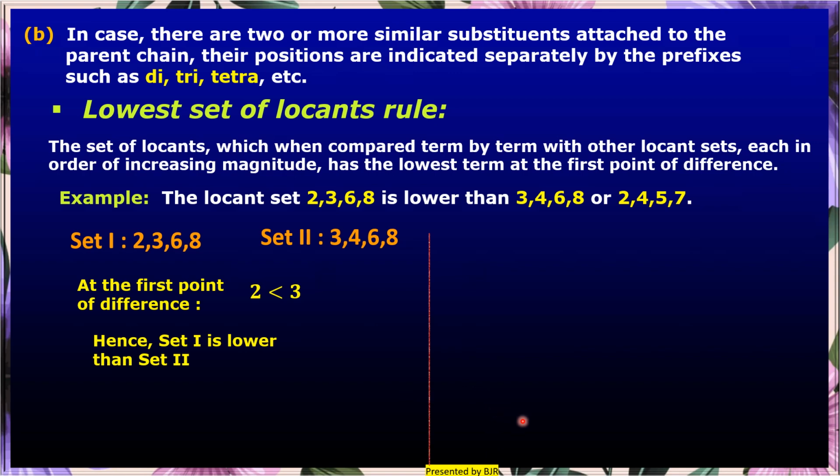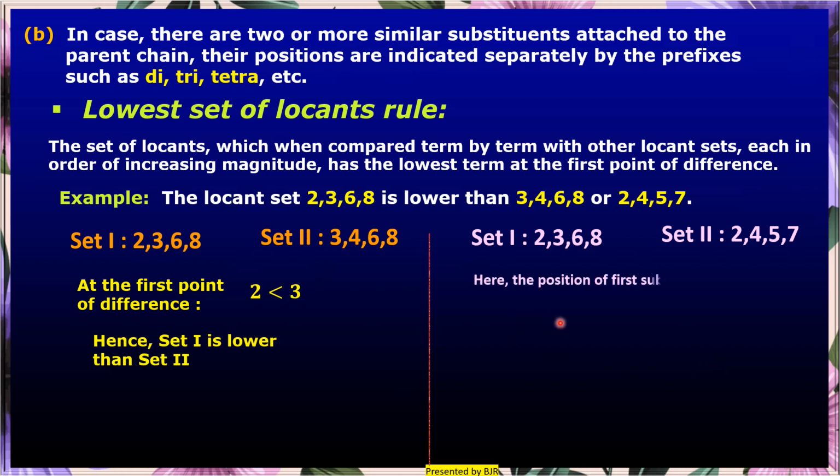Similarly, you can see here, I am comparing this set again with this set, 2, 4, 5, 7. So at the first position, these two are same. That is, the first locants are same. Here the position of the first substituent is same, that is 2 only.